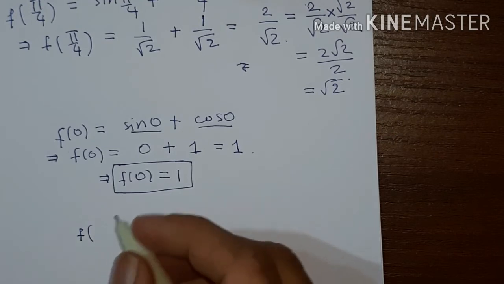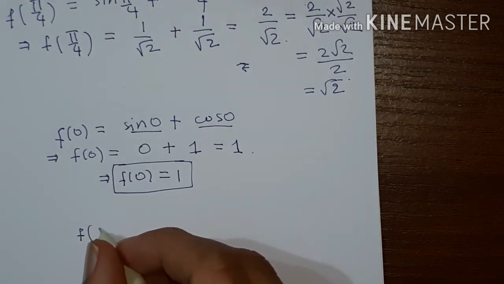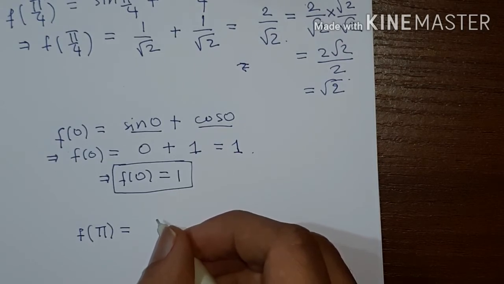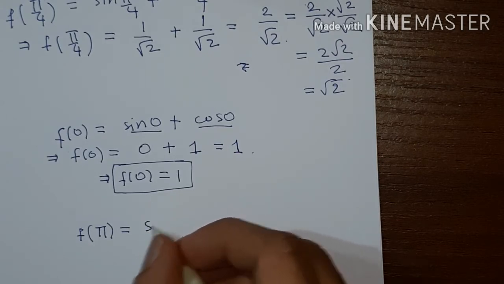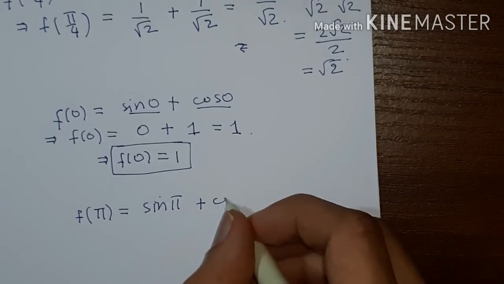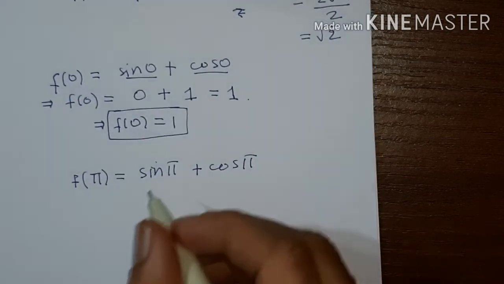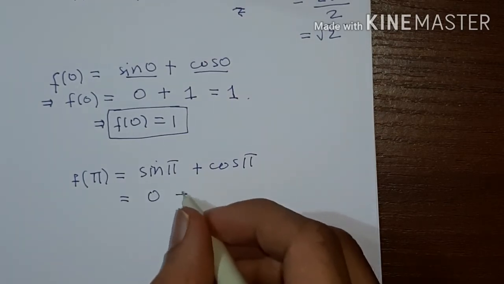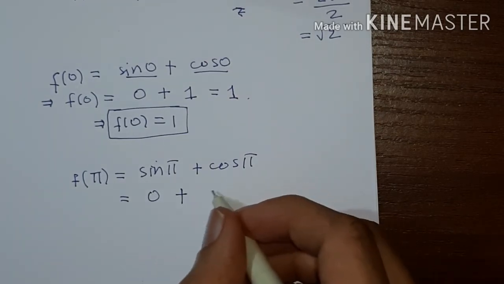And now we have to check the value of the function at pi, that is the right end point. So you will get sine pi plus cos pi. Sine pi, you know, is 0, plus cos pi is minus 1.